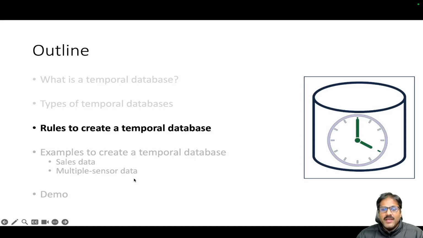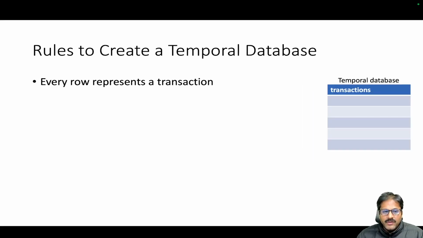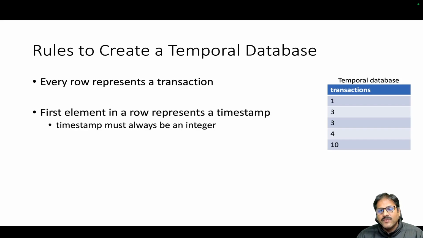Now let us see how we create temporal databases. What are the rules to be followed? The first rule is every row must represent a transaction. Next, in every transaction, the first element must always be a timestamp.